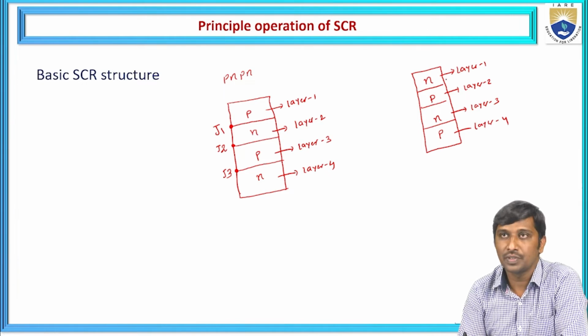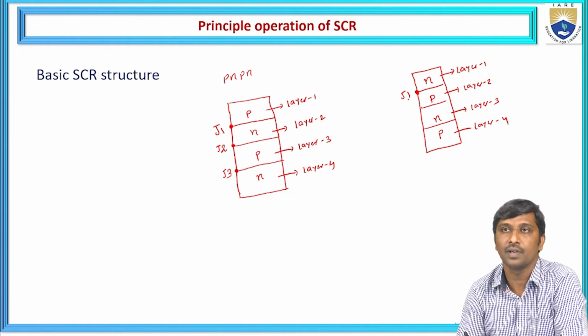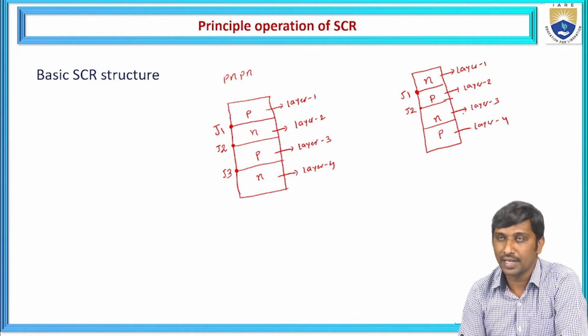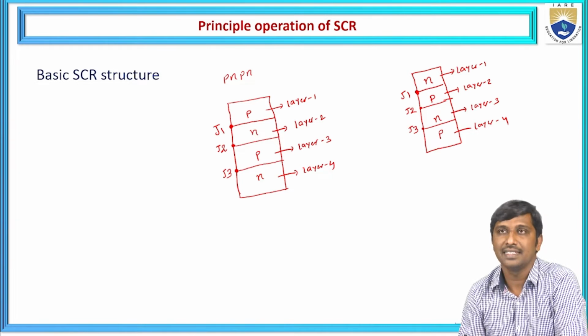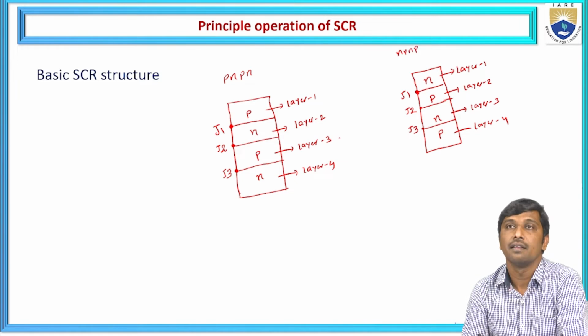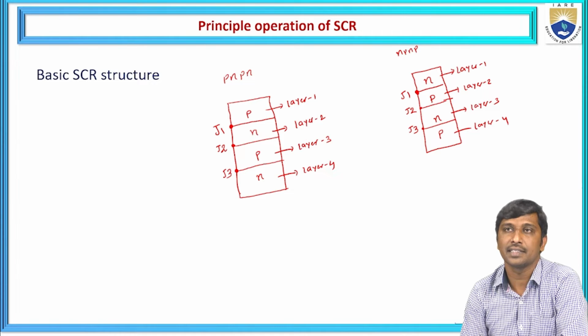The intersection of layer 1 and layer 2 acts as junction J1, the intersection of layer 2 and layer 3 acts as J2, and the intersection of layer 3 and layer 4 acts as J3. So these are the three junctions in either a PNPN or NPNP structure. Hence the SCR is a 4-layered 3-junction device.